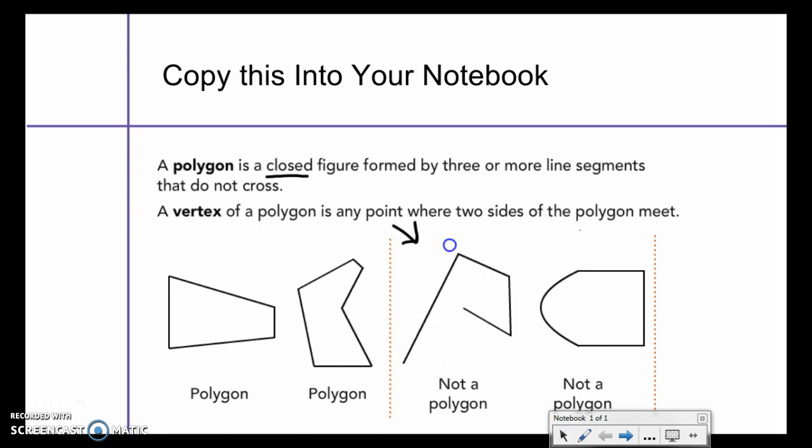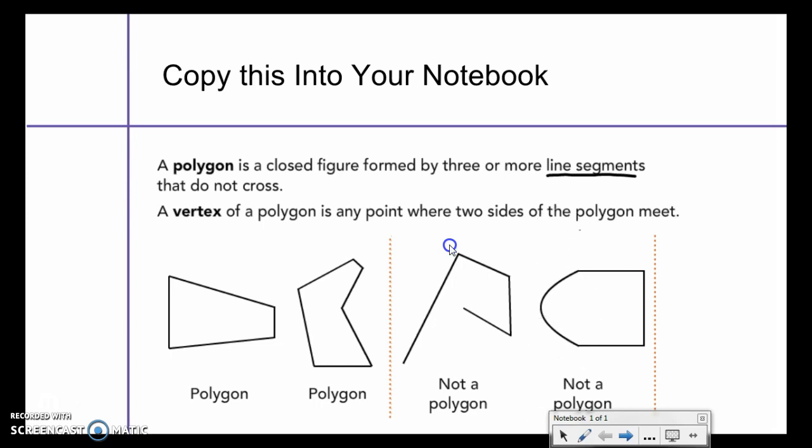Why is this one not a polygon? That's a closed shape. If you're not sure, read the definition one more time. It says a polygon is a closed figure formed by 3 or more line segments. Line segments is the next important word. This right here is not a line segment.